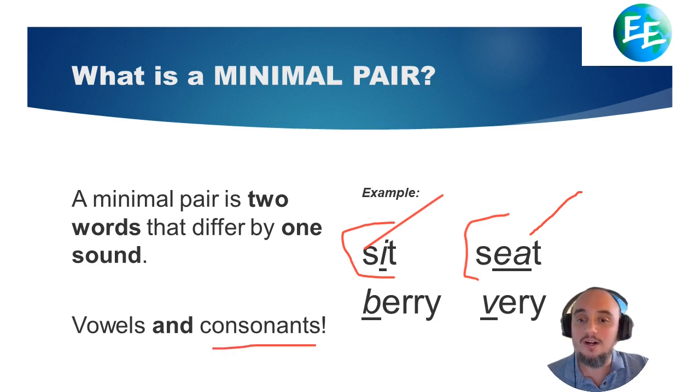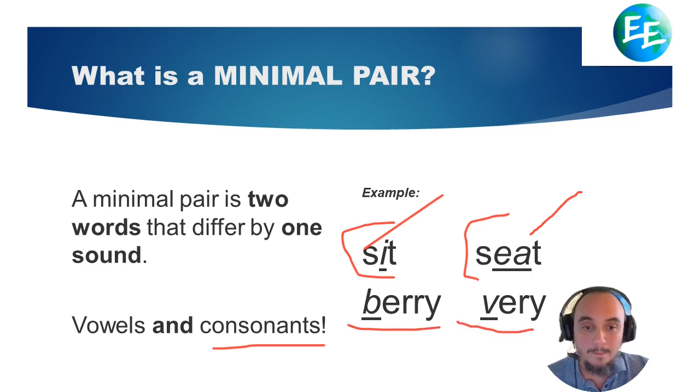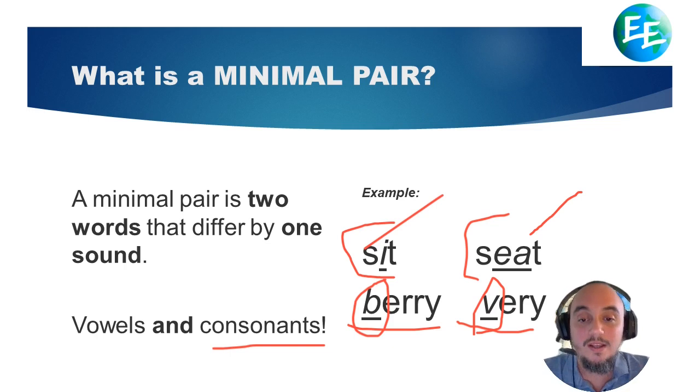Let's look at our consonants here. We have berry versus very. Berry versus very. So we're focused on the consonant sound at the beginning of the word. And B versus V, they can be confused very often. So we have to make sure that we are saying them loudly enough and clearly enough as well.